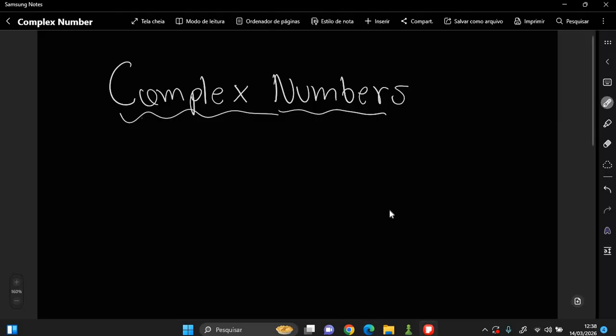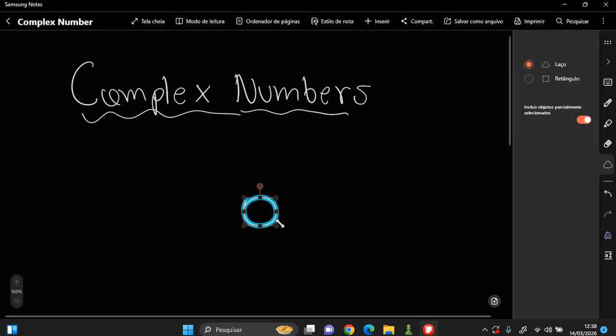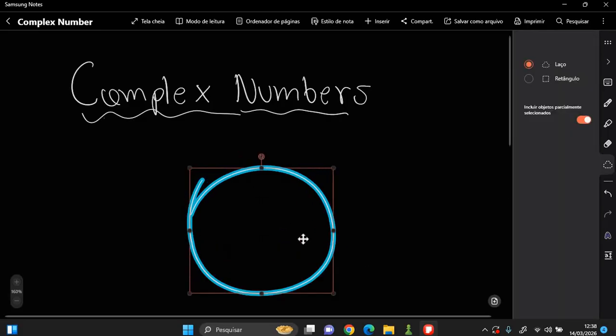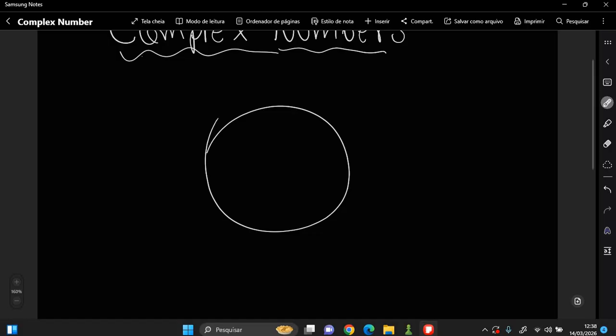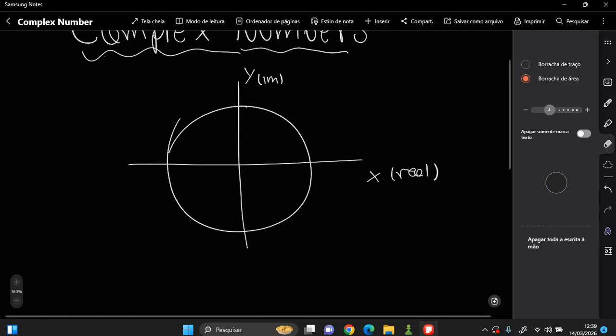If you draw the trigonometric circle this way, this is the x-axis, but this is imaginary, and this is the real part, and we do not actually use y and x.